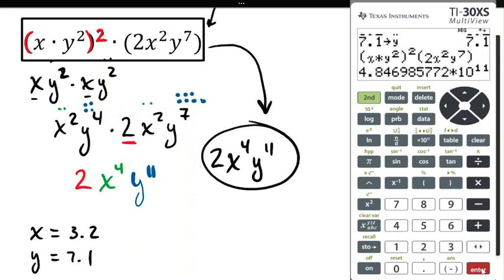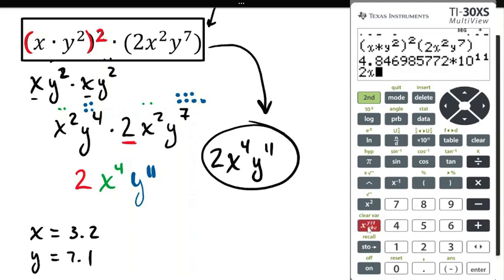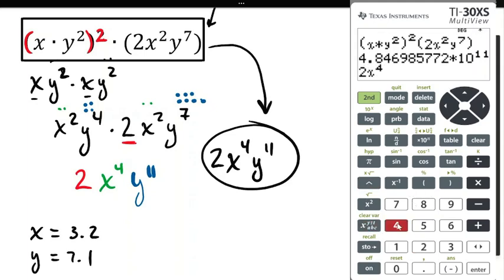So when I look at that expression, you can see it's a huge number because it's 4.8 times 10 to the 11th power. So that decimal is moved 11 places this way. Now let's compare that with our much more simplified expression, which is just 2x to the fourth power, right? And then we have y to the seventh power.